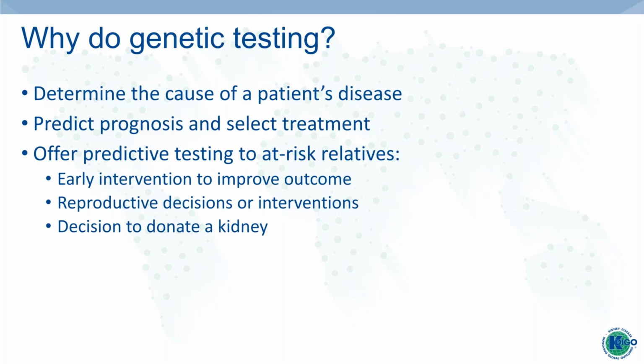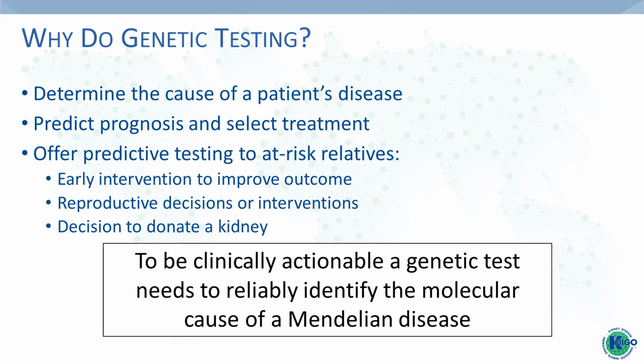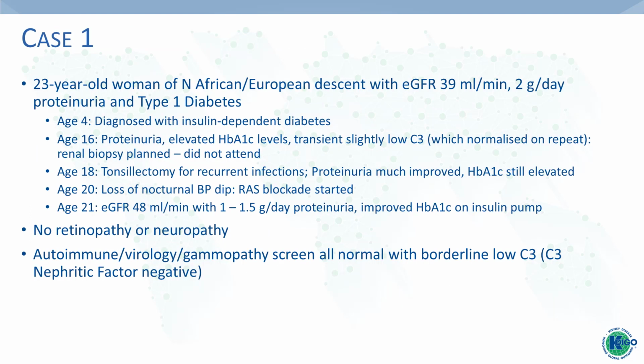It might provide reassurance that an individual is not at risk of the family's disease. It can also facilitate reproductive decisions or even interventions. And of course, it can be useful in informing the decision of whether to donate a kidney. However, to be clinically actionable, a genetic test needs to reliably identify the molecular cause of a Mendelian disease.